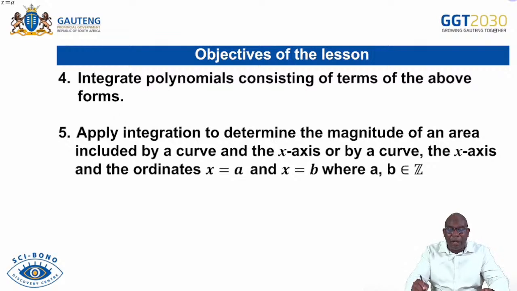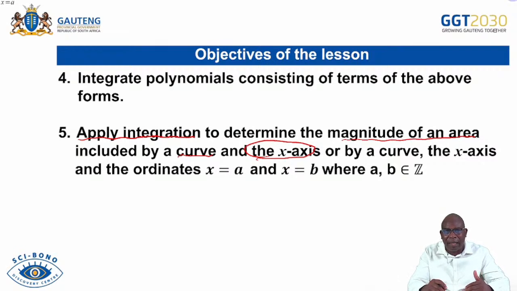Number 5, we must be able to apply integration to determine the magnitude of the area. When we talk about the magnitude of the area, you realize that in area, we don't have a negative area. So we're going to be looking at positive areas enclosed by the curve and the x-axis. Very important. It's only when we have the x-axis and the area between the x-axis and the curve that we can then determine the magnitude of that area.